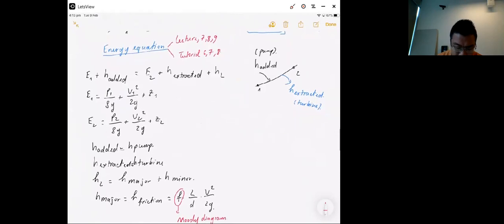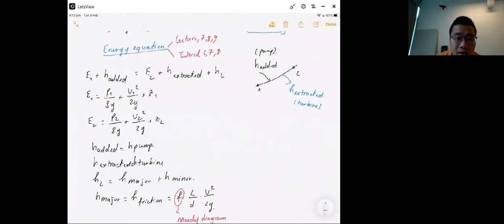Energy at point 1 plus added energy equals energy at point 2 plus extracted energy and loss, E_L. Energy at point 1 equals pressure energy P1 over rho g, plus kinetic energy V1 squared over 2g, plus potential energy Z1. Similarly for point 2: pressure energy, kinetic energy, and potential energy.